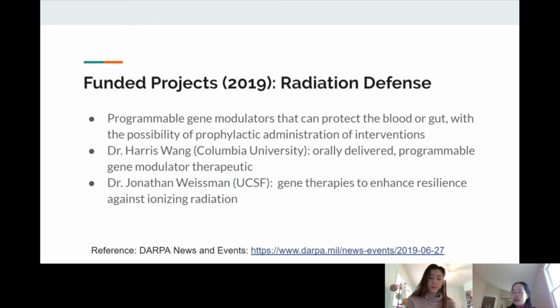So the two teams that are funded here are by Dr. Harris Wang. Yay! He is my PI, the principal investigator who I work for right now. And so this team aims to develop an orally delivered programmable gene modulator therapeutic.